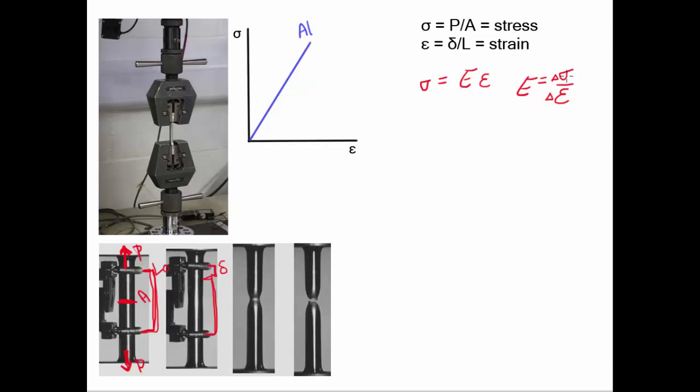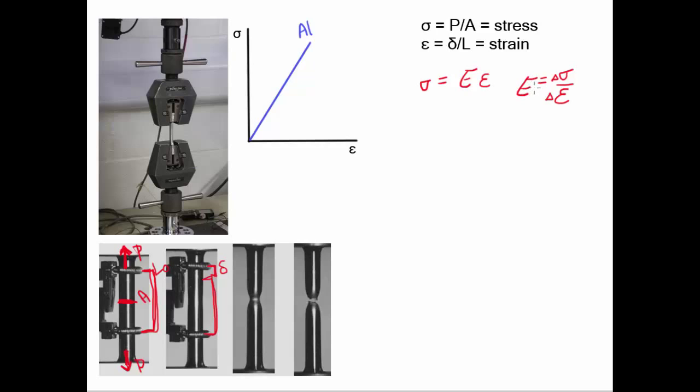Okay, so if my stress goes from 50 psi to 100 psi, and my strain goes from 0.005 to 0.01, for instance, I could divide those two quantities and obtain my E. And for any other change in stress, I would obtain a change in strain that gave the same ratio.